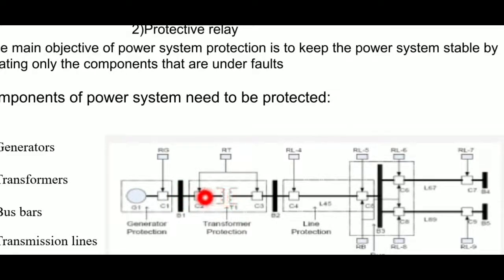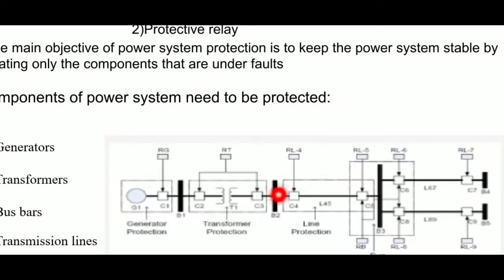Here T1 is the transformer, and C2, C3 are the protective devices for this transformer. Both are connected to the relay. When a fault occurs, the relay gives the indication to these two circuit breakers, and then the transformer is protected.